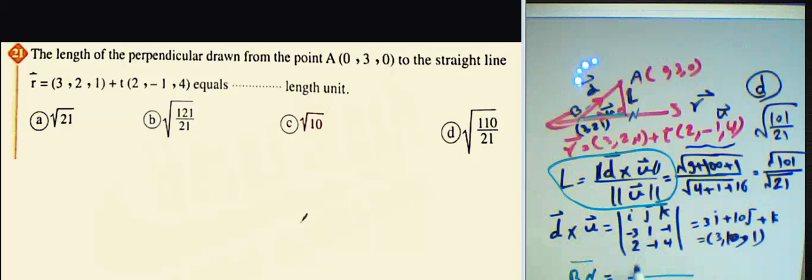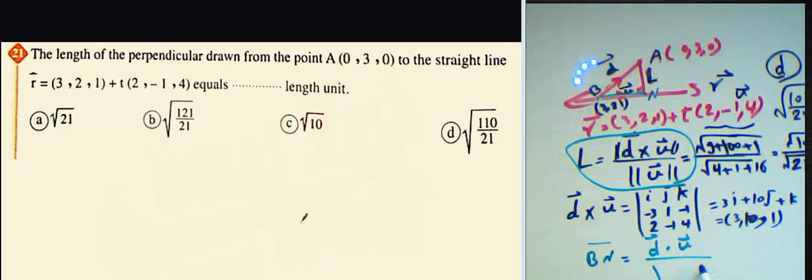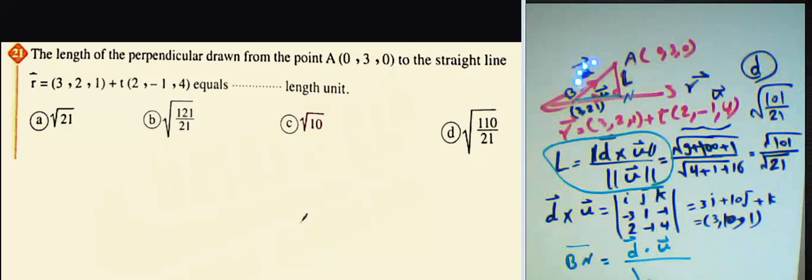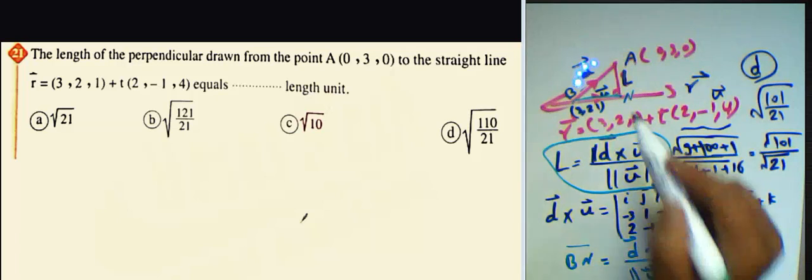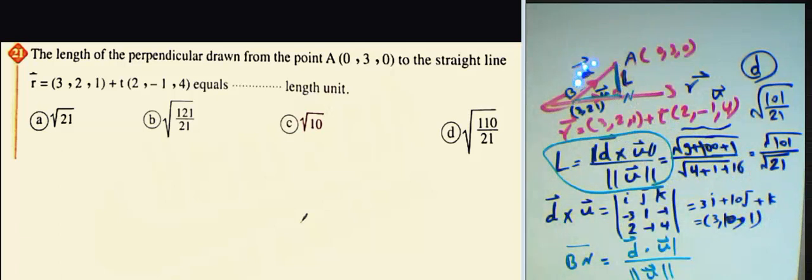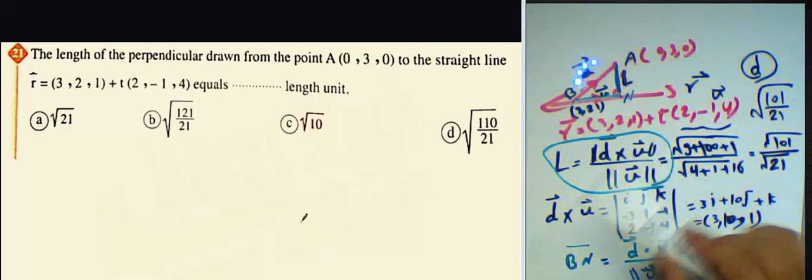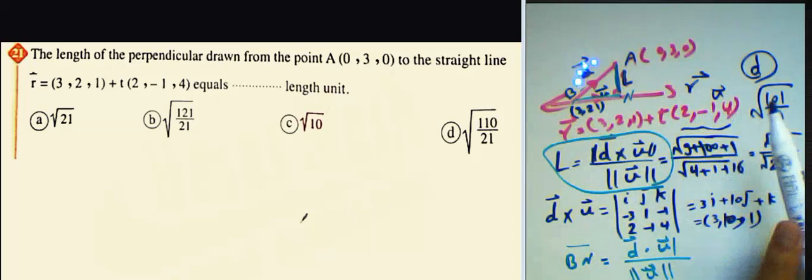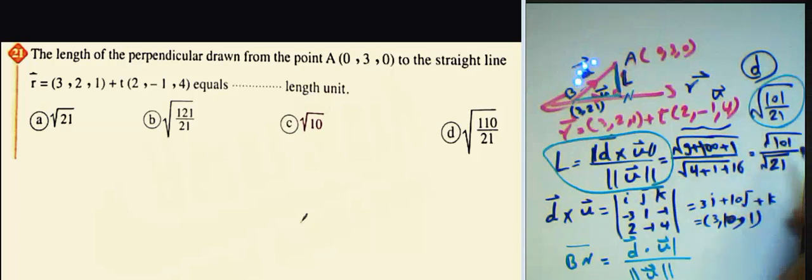It will be vector D dot vector U over the absolute value of vector U. But in this example, you want the length of the perpendicular drawn from the point A to the straight line. It will be equal to the square root of 110 over 21. Choose letter D.